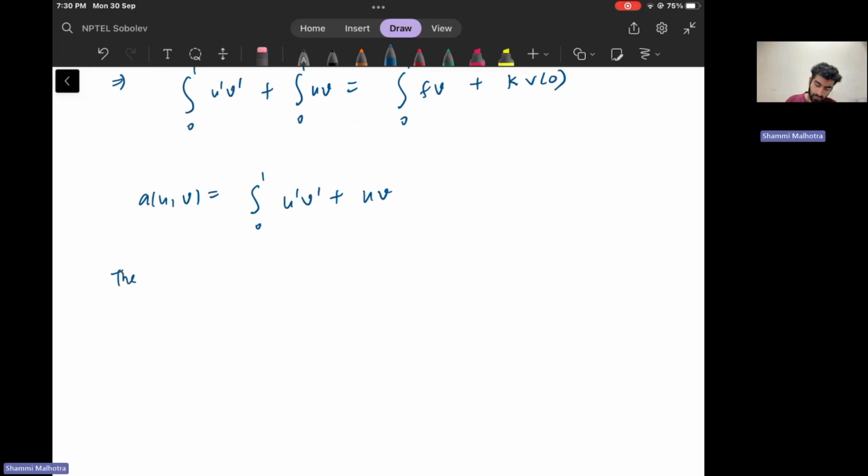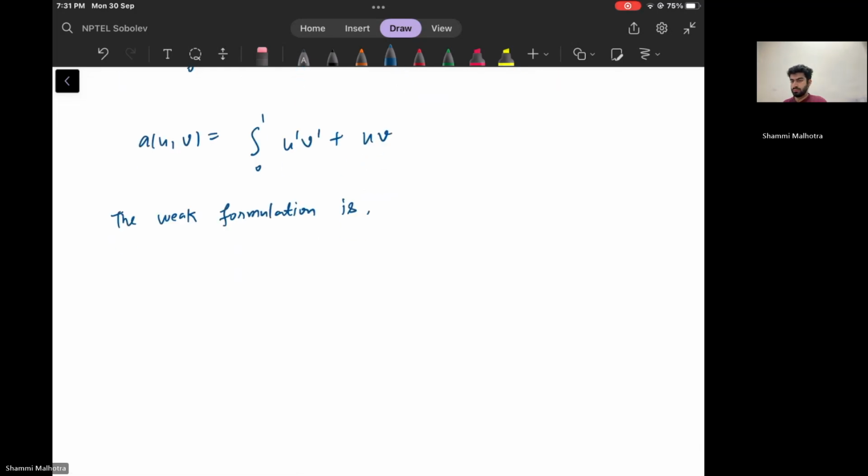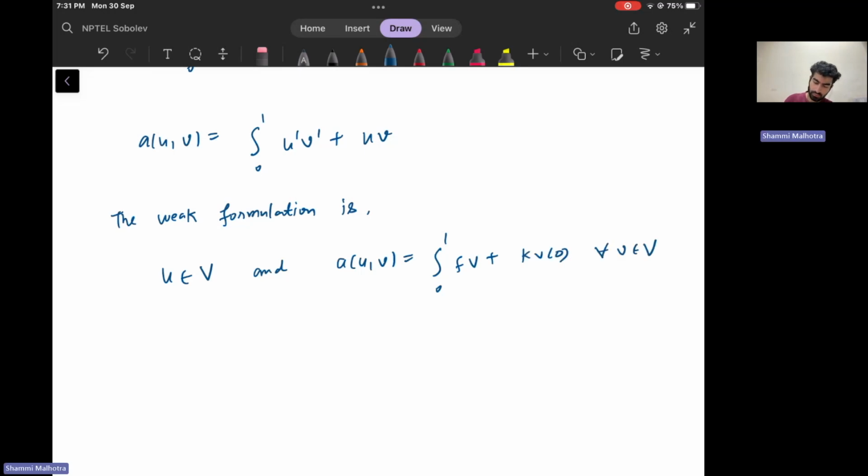Then the weak formulation is: u belongs to V, and a(u,v) is equal to integral 0 to 1 of fv plus k times v0 for all v in capital V. So this is the weak formulation.